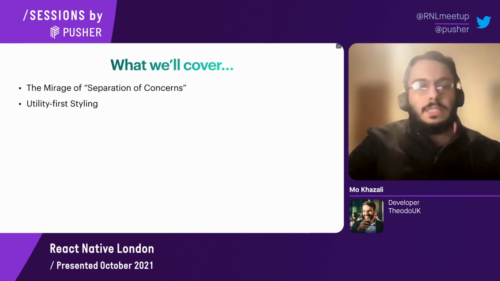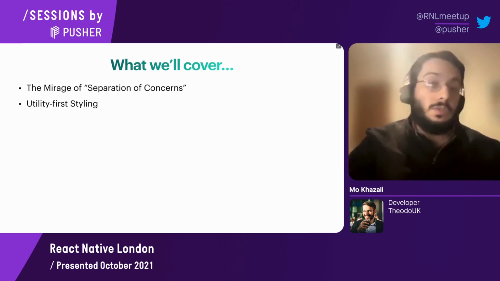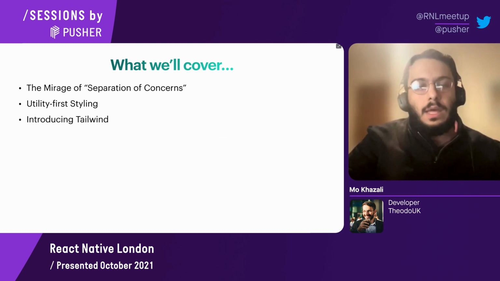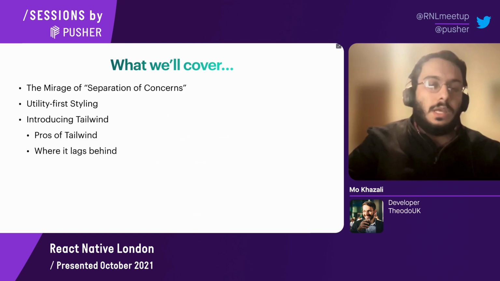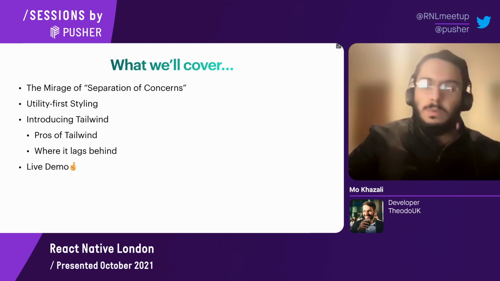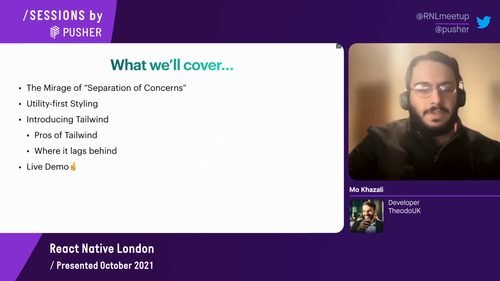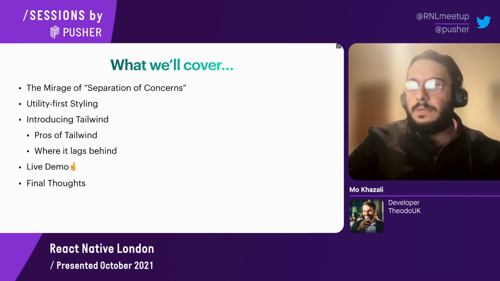And we'll talk about the benefits and the philosophy behind why you should use utility first styling. And then afterwards, we'll introduce Tailwind, exploring some of the pros, some of the places where it lags behind, so some of the cons to the approach, followed by a live demo, which will most definitely go wrong at some point, famous last words. And lastly, just some closing thoughts, and hopefully following that by a Q&A.